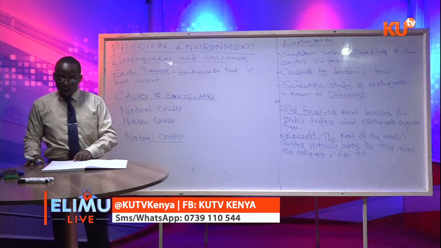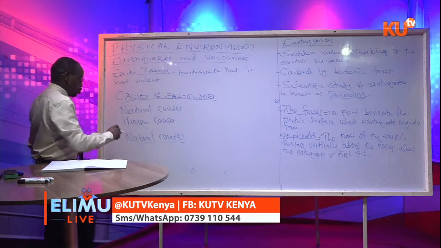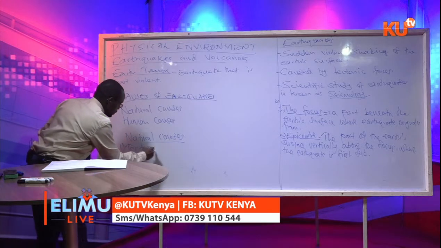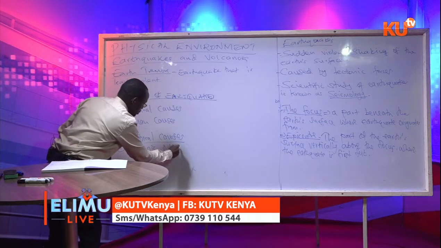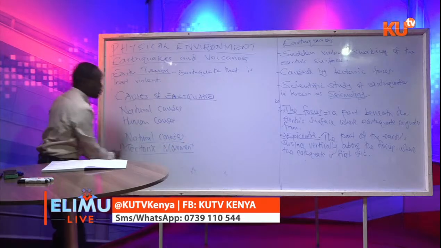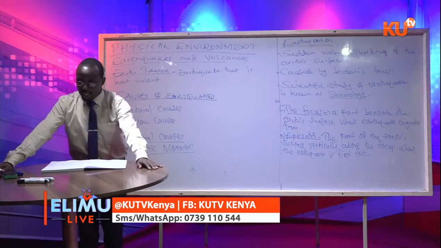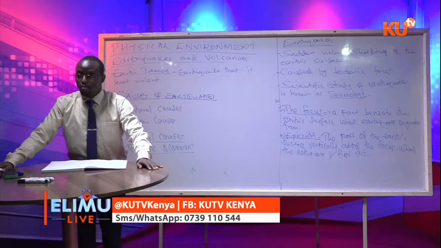Therefore, the first natural cause is known as tectonic movement. And for tectonic movement, as I have said, this is when the plates are moving. Now, remember, the plates are very, very large.